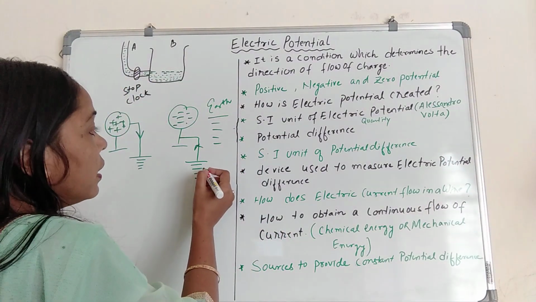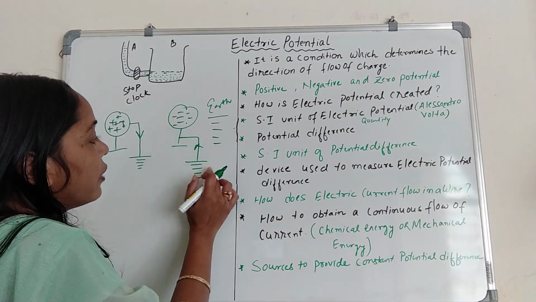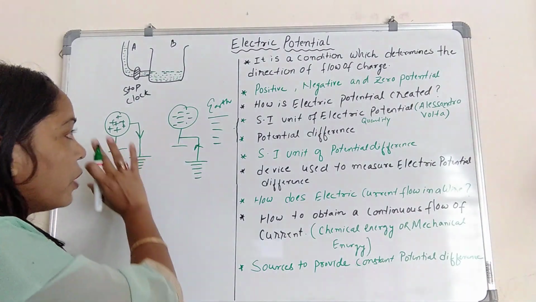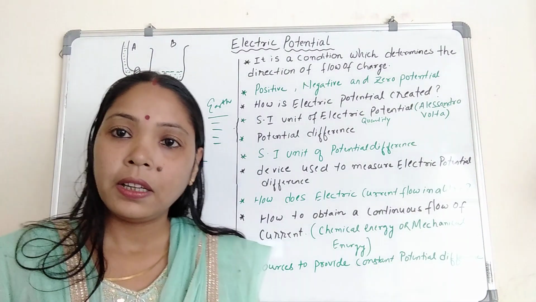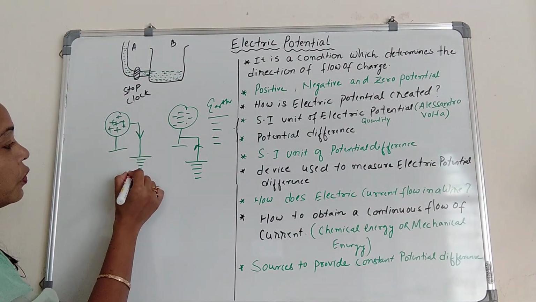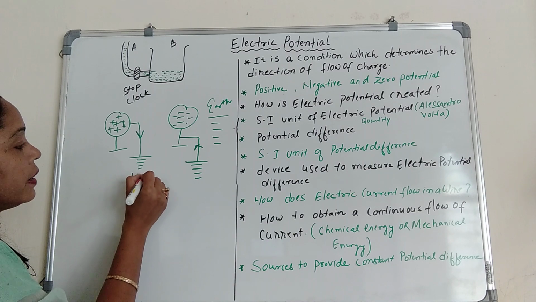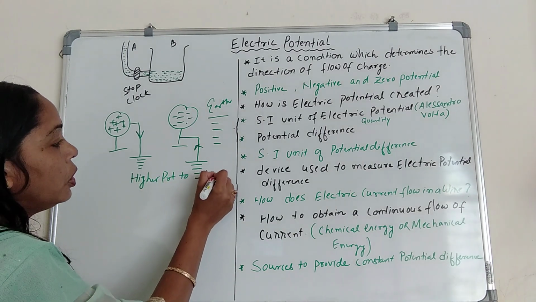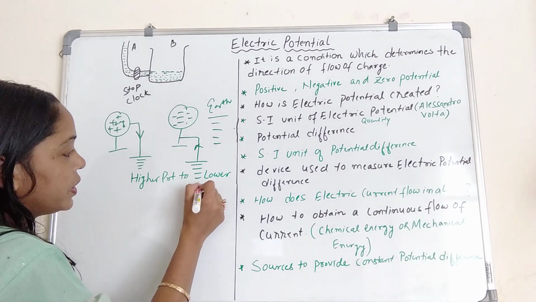So, here also the flow of charge will be from higher to lower. From this example, we come to know that charge always flows from higher potential to lower potential.